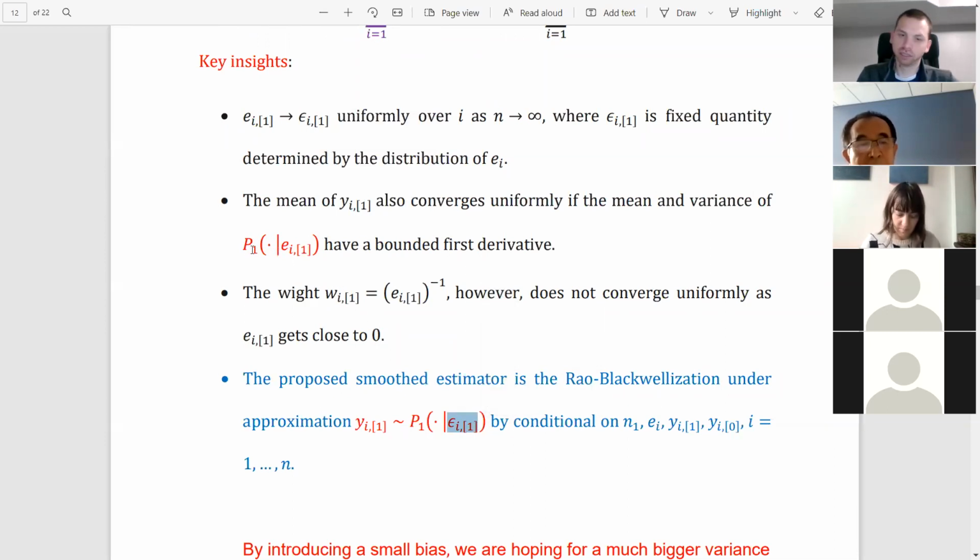So if we are willing to replace y_i from this distribution with y_i from its limiting distribution, that's all we need to do. Then the smooth estimate is in fact exact, the Rao-Blackwellization. So we basically change one part of the process by its limiting process, and then we get the Rao-Blackwellization.